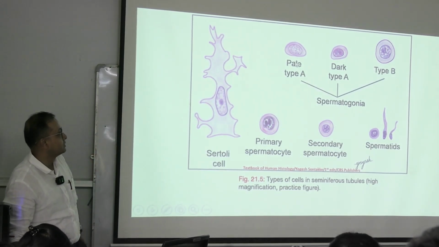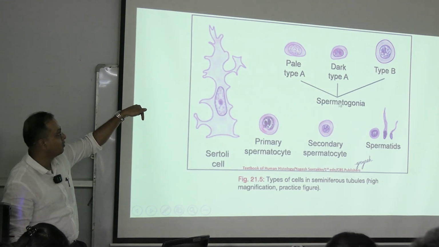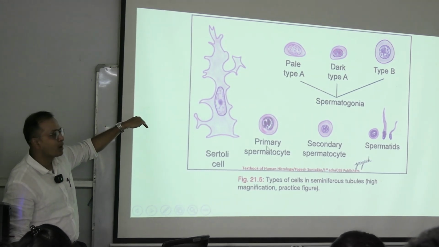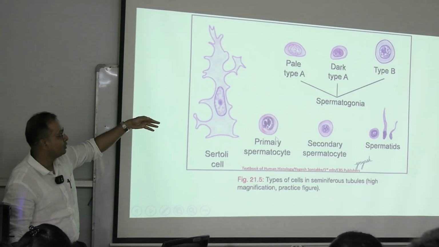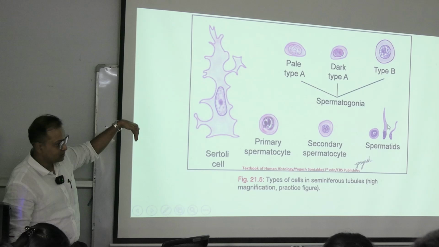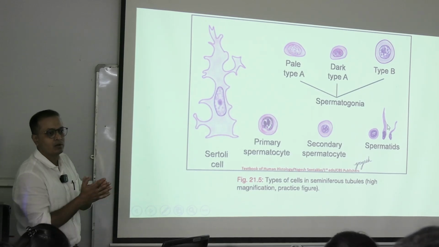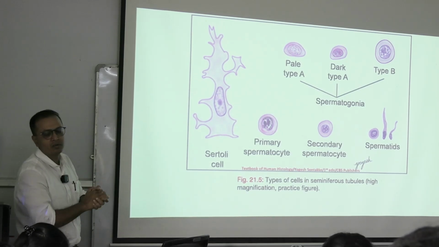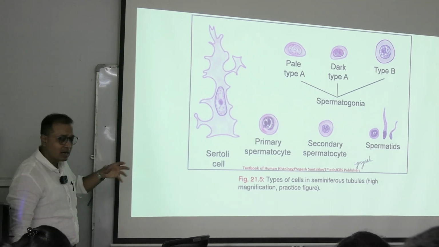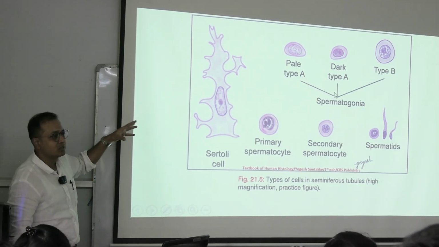Then we have cells evolving from the spermatogonia. We call them primary spermatocytes, which mature into secondary spermatocytes. Then we get the spermatids. Histologically, we cannot distinguish between them, but we understand that different types of germ cells are there.